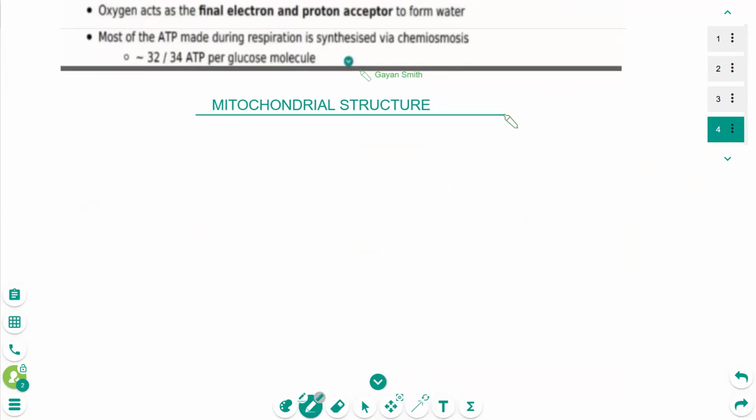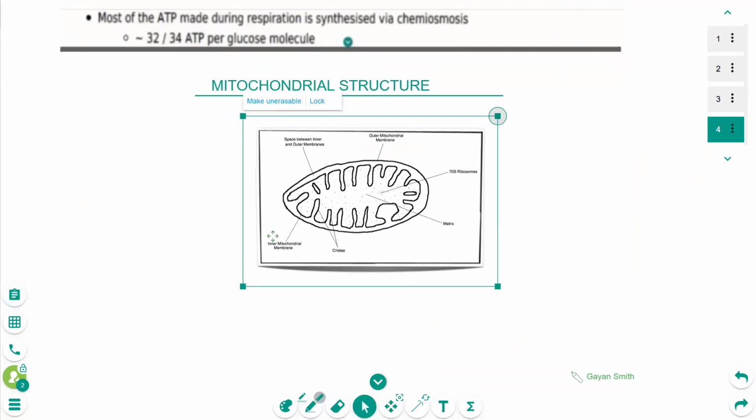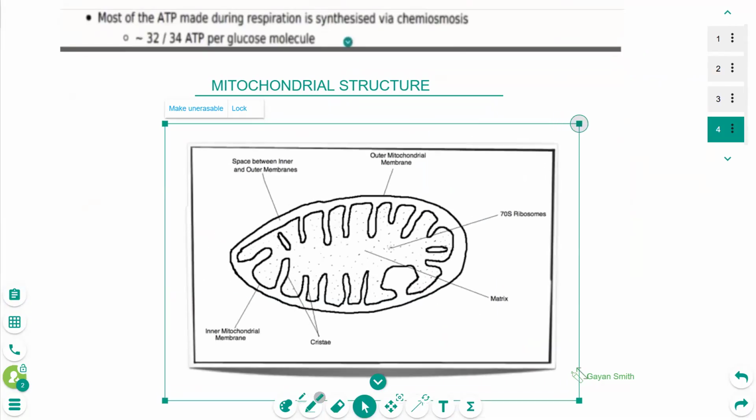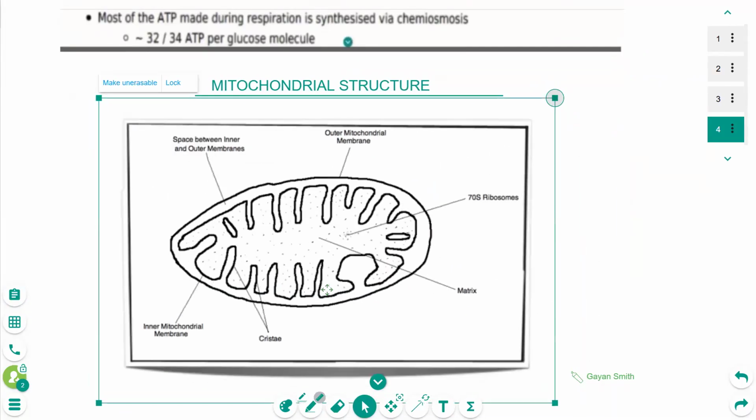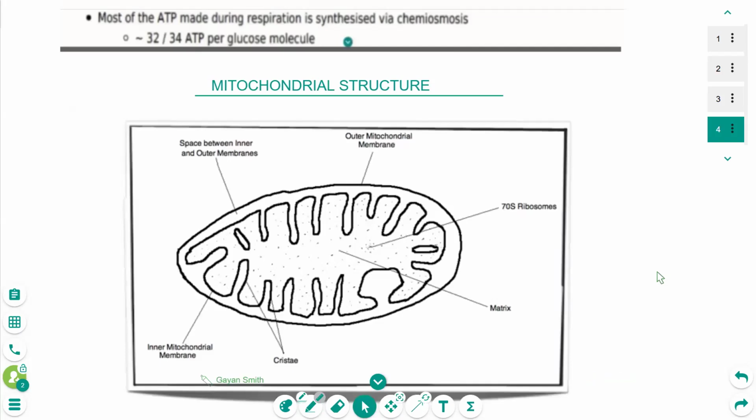All right, so I've tried to find the simplest structure I could find for you, because this is something they expect you to know how to draw. And I'm going to add some features to it.